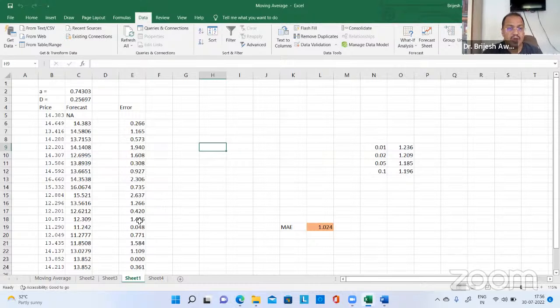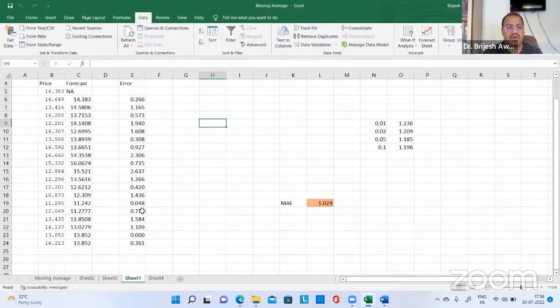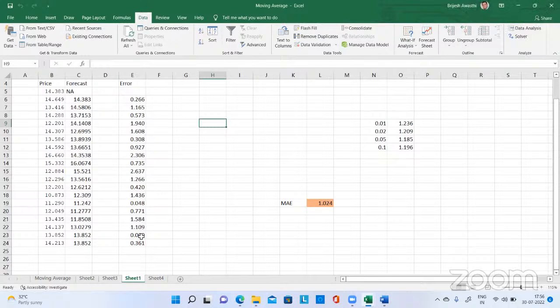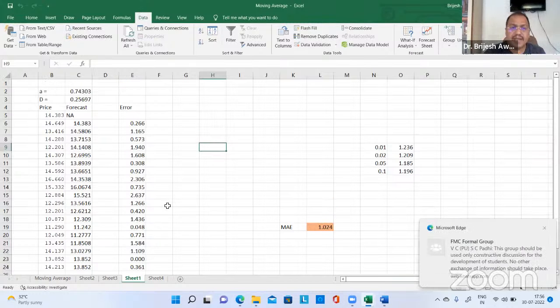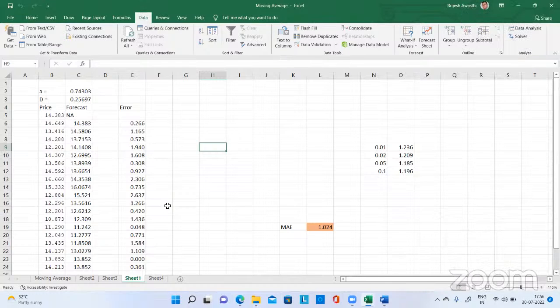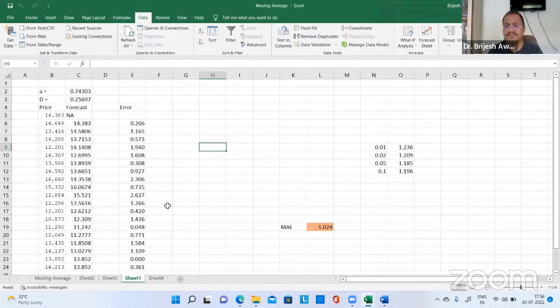Although some have very high differences like 2.3, 2.6, it happens. And at this point the value is exactly the same, your forecast exactly meets the reality. So with the help of this method, you can do forecast. Yes, sir. I hope it is clear to everyone.